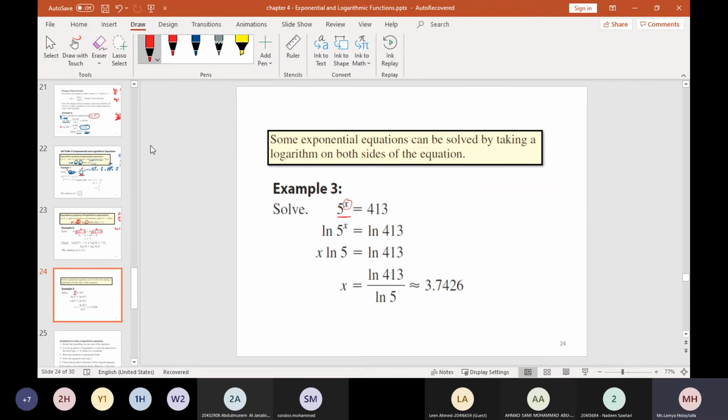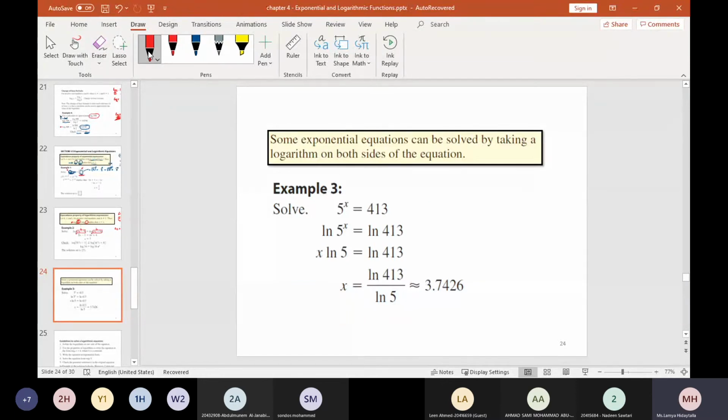Especially since I cannot write this 413 in terms of base 5. If I could write it as, say, 5 to the power 20, then x would equal 20 and that's it. But I cannot, so I have no other alternative except to make x the subject. I need to bring it down from the exponent.